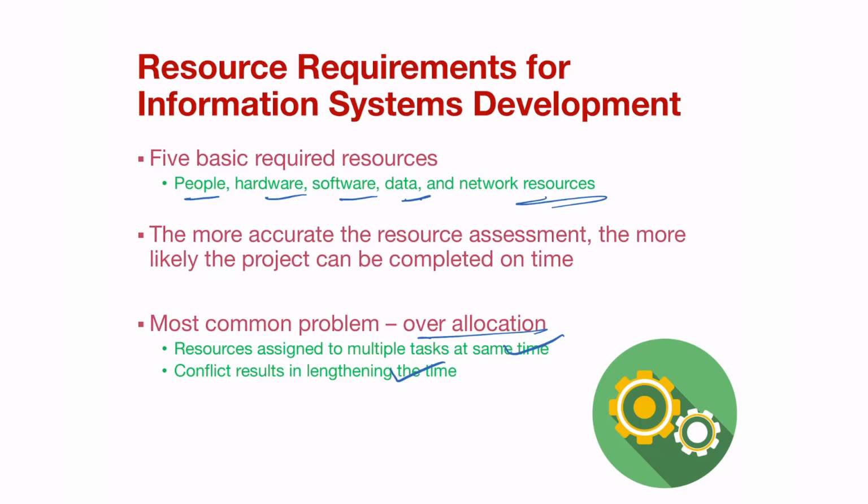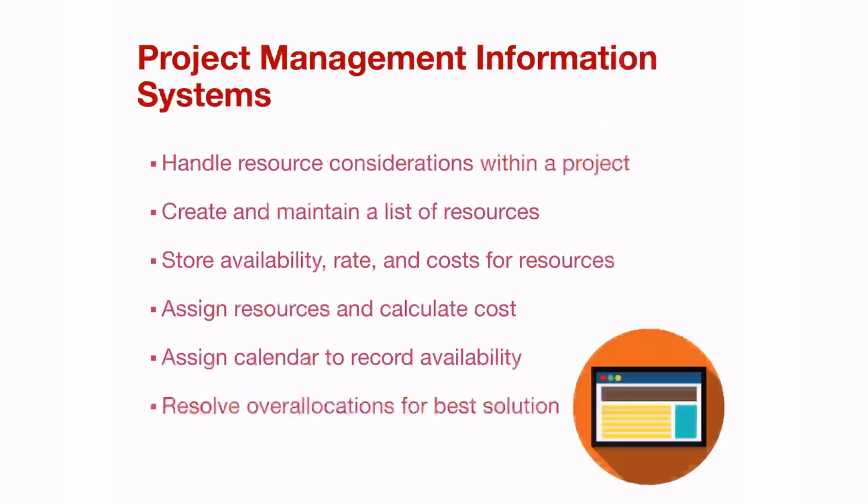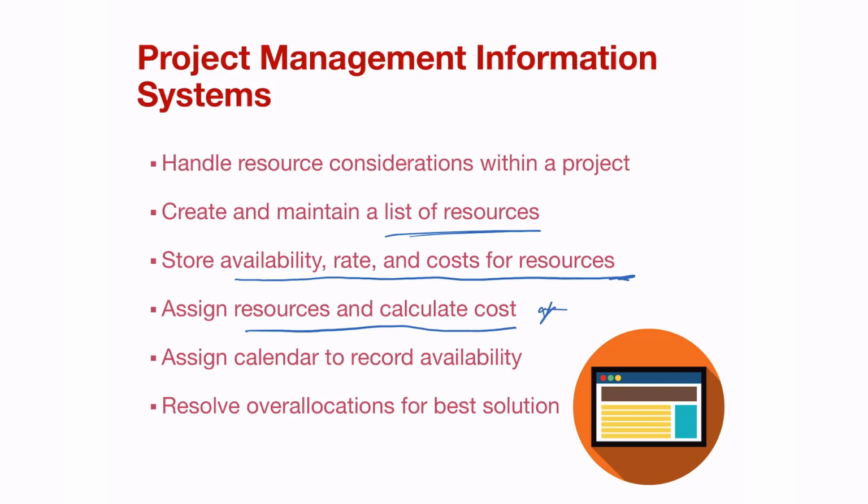In terms of project management information systems, they can definitely handle the resource considerations within the project. You can create and maintain lists of resources, and this is why project management software is so important. You can store availability, rate, and cost of these resources. You can assign resources and calculate their costs very easily.